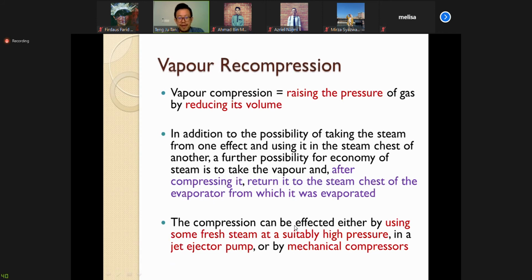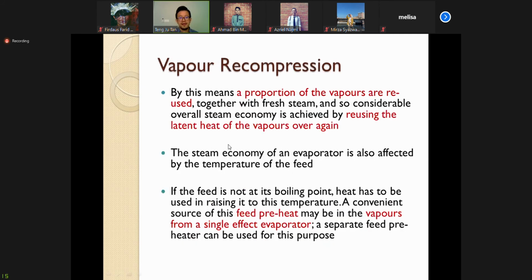The compression can be effected either by using some fresh steam at a suitably high pressure in a jet ejector pump or by a mechanical compressor. So you can compress the vapor and increase the pressure back. By this means, proportions of the vapor are reused together with fresh steam, and so considerable overall steam economy is achieved by reusing the latent heat of the vapors over again. The steam economy of the evaporator is also affected by the temperature of the feed.